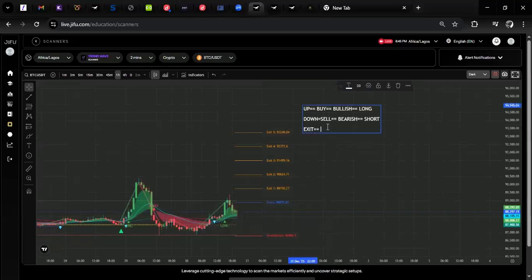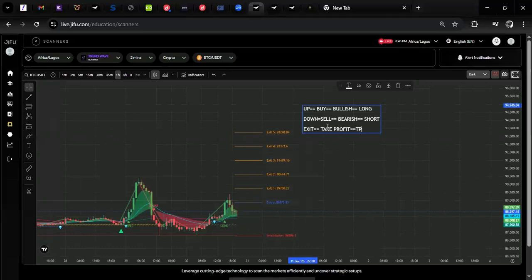Now, I need you to pay attention. The abbreviation for take profit is TP. So instead of saying take profit, you can easily just call it TP. We already know what it means, right? Whenever we see exit, we know it means TP. Whenever we say TP, we know it means take your profit.